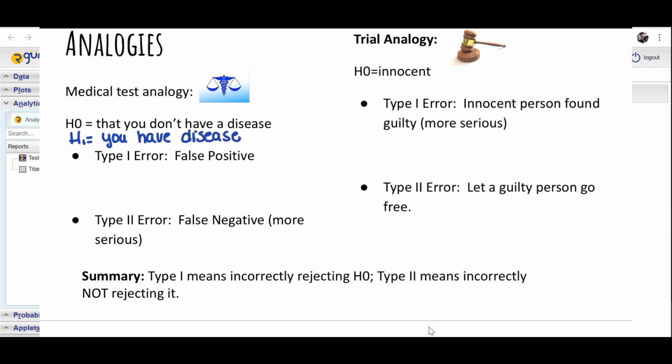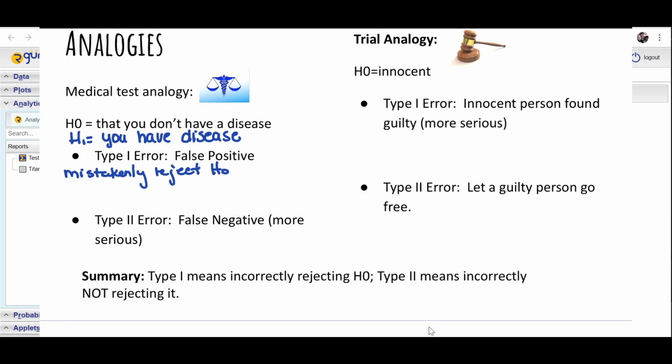So a type 1 error is when you mistakenly reject the null.